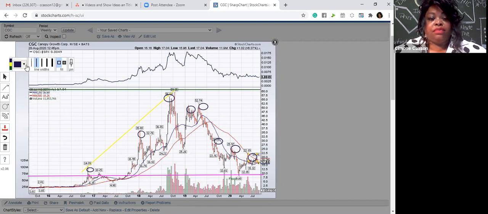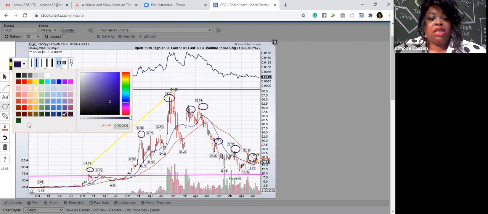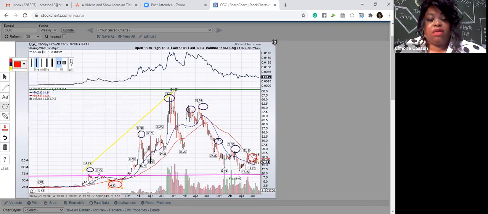Now, I'm going to change the color and we're going to do the lower half of this. All right, here's the dip, here's a dip, here's a dip. There's a reason why we're doing this. There's a dip, there's a dip, there's a dip. And then this should be blue.